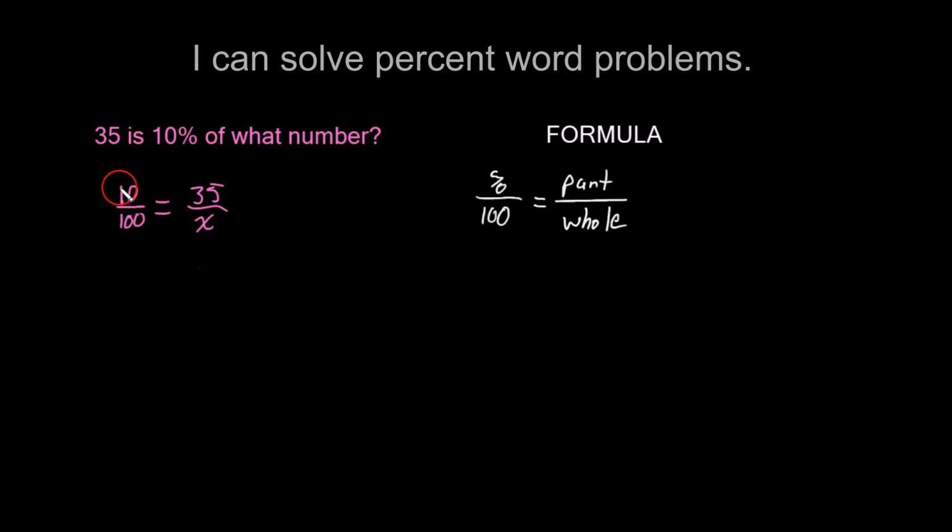Now let's use our cross products. 10 times x is 10x equals 3,500, since 100 times 35 is 3,500. Divide by 10 and divide by 10. When we do that, we just get rid of one 0. So x equals 350. So 35 is 10% of 350.